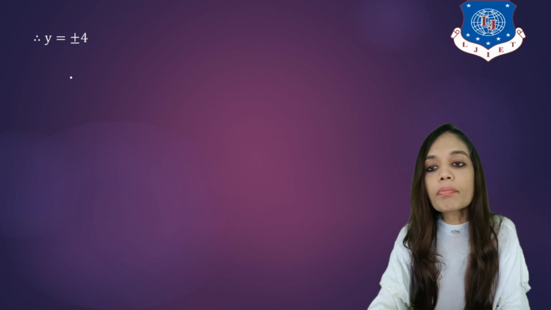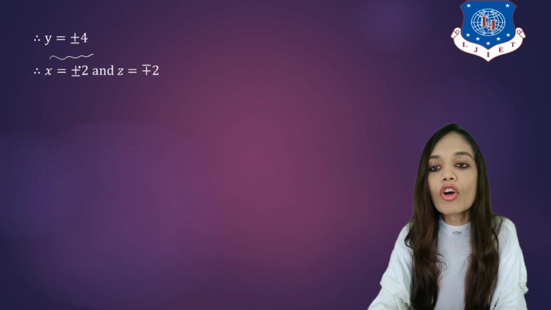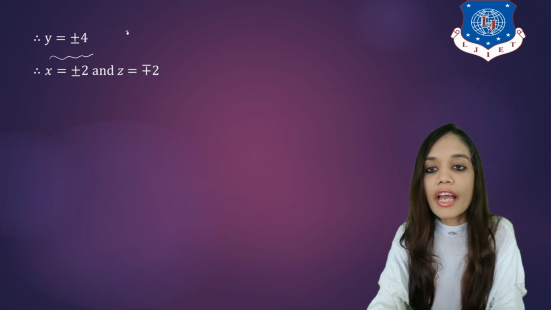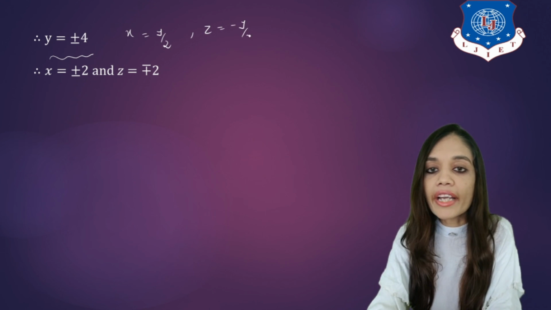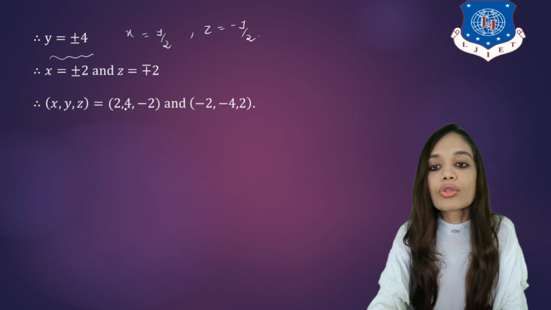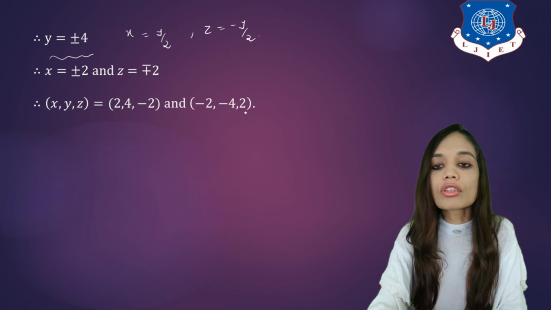So y will be plus or minus 4. Therefore, your x will be what? Plus or minus 2 and z will be minus plus 2 because x is equal to y by 2 and z is equal to minus y by 2. Therefore, your points are (2, 4, minus 2) and (minus 2, minus 4, 2).